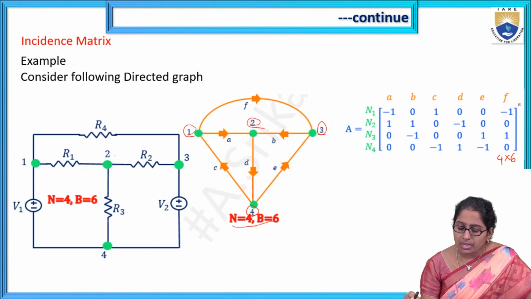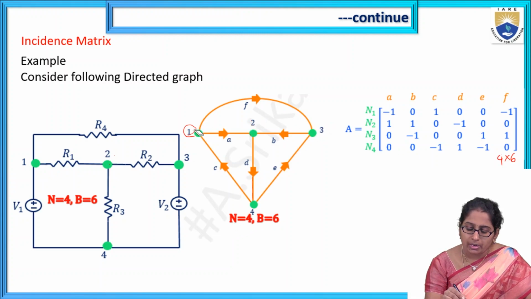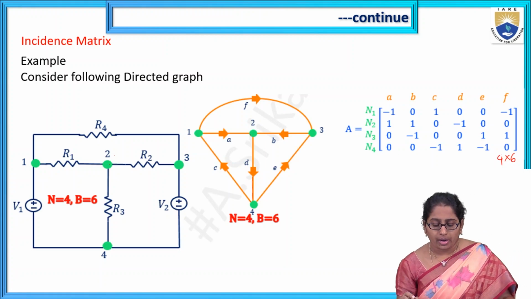Next, branch current F is connected between nodes 1 and 3. It is leaving from node 1, so at node 1 its value will be -1, and entering towards node 3, so at node 3 its value will be +1. Remaining two values will be 0. So that is how the incidence matrix is written for this given example graph.